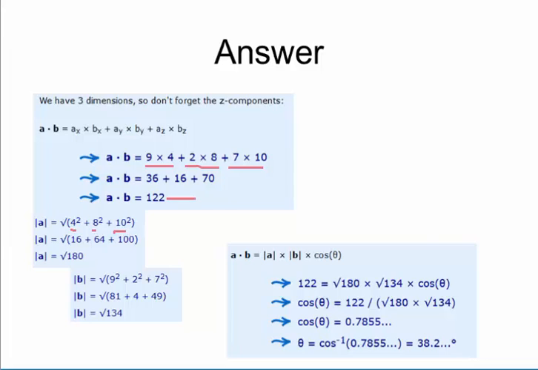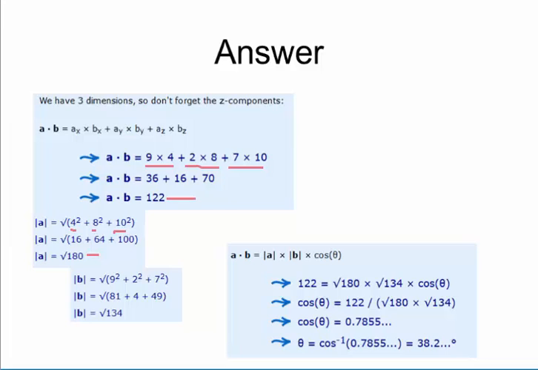Now, of course, we've got the z component to contend with as well, and it works out to be the root of 180. Is everybody happy with that? The length of vector A is root 180. Square root. Fantastic, guys. Thank you.